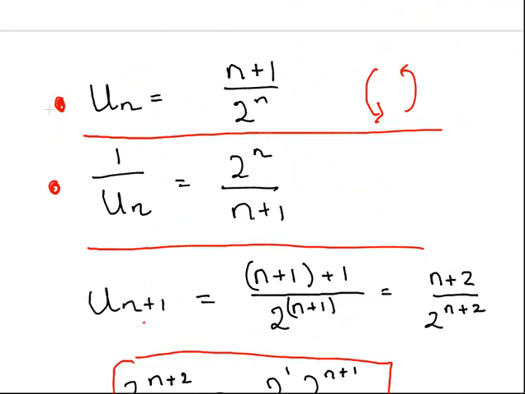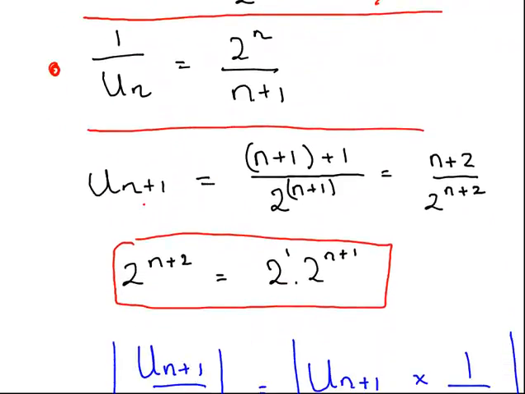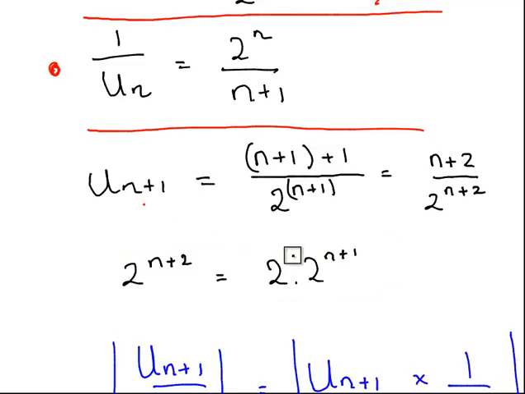Sorry, I've just jumped too far ahead here. Let's go back. There was a little typo there: 2 to the n plus 1 is simply 2 times 2 to the power of n.